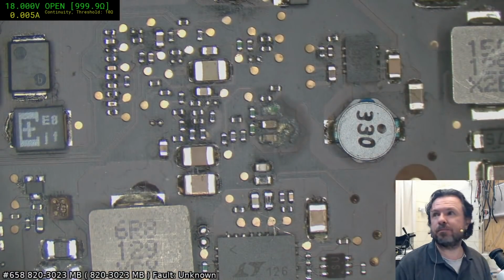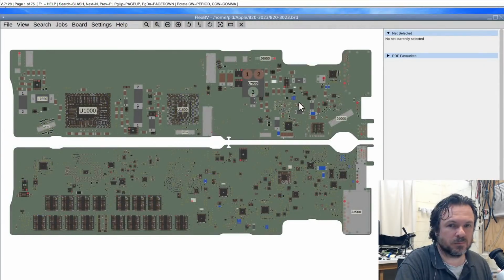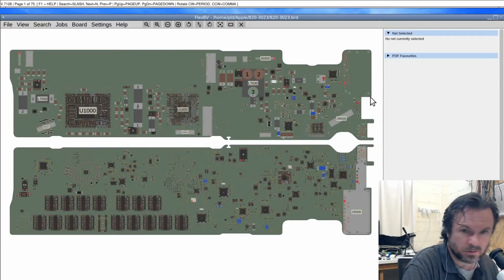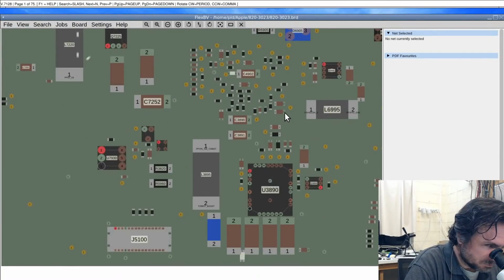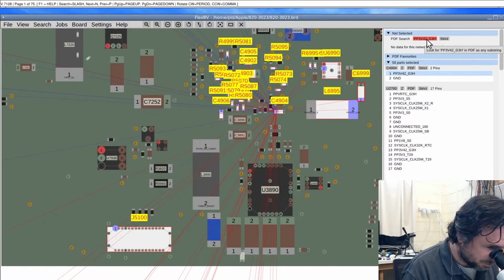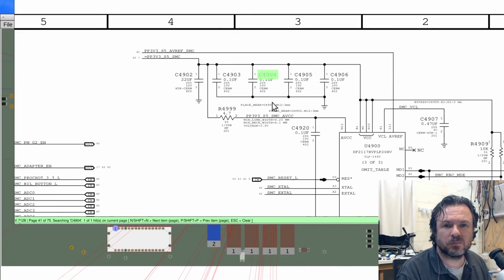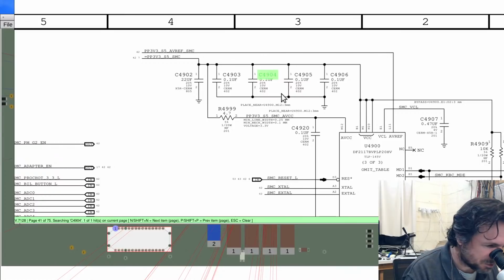I'm gonna find out what that corrosion's on. Okay, so that's on 3v42. That makes no sense.